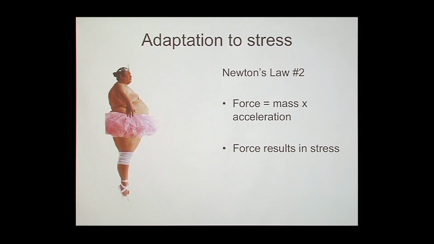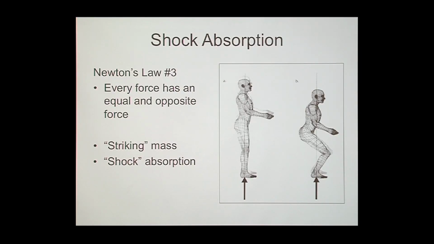So when your friend's telling you, oh, I got these running injuries, well, what'd you do? Oh, I doubled my mileage. Oh, I went interval training on the track. I went out to Kezar and went sprinting. I felt good. That's maybe not something they normally do. And then of course, Newton's law number 3, every force has an equal and opposite force. This is just like a diagram, somebody jumping down.